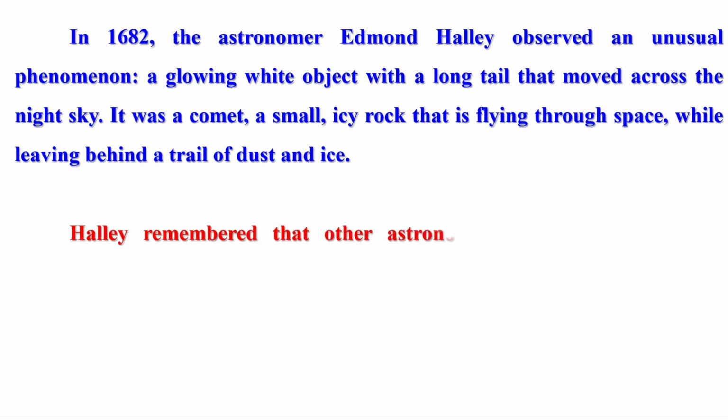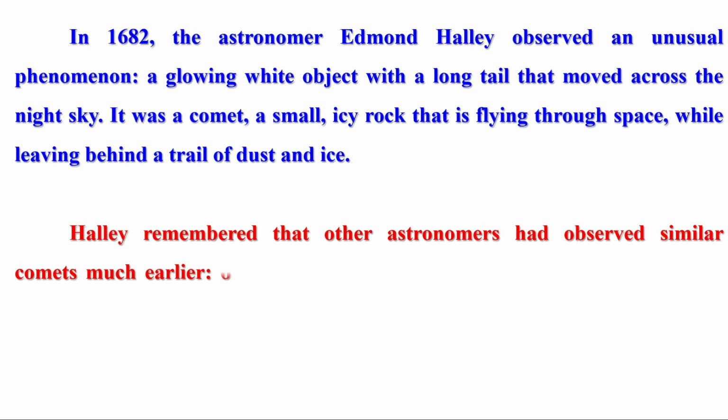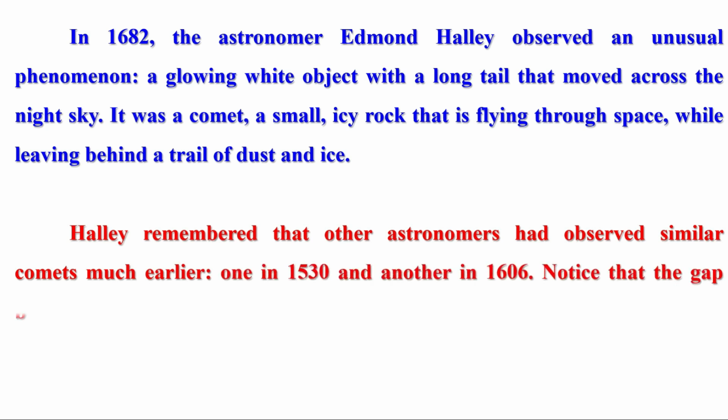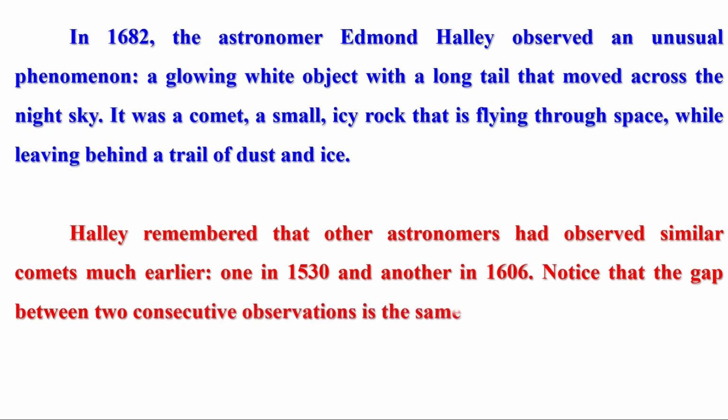Halley remembered that other astronomers had observed similar comets much earlier, one in 1530 and another in 1606. Notice that the gap between two consecutive observations is the same in both cases, 76 years.